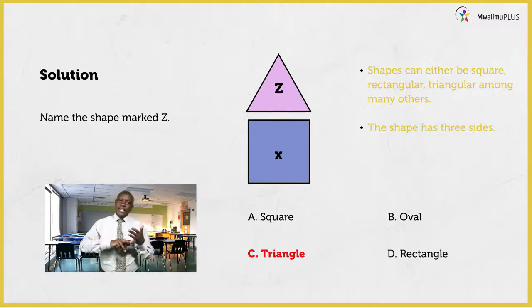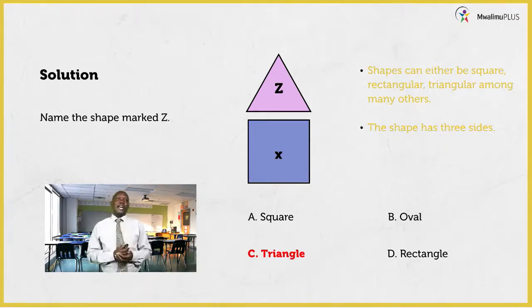So a shape can be square when the sides are all equal, can be a rectangle when its opposite sides are equal, or can be a triangle, depending on how it is drawn. So it's very important to know the shapes, how they are drawn, and their names well. So that's one thing you have noticed.